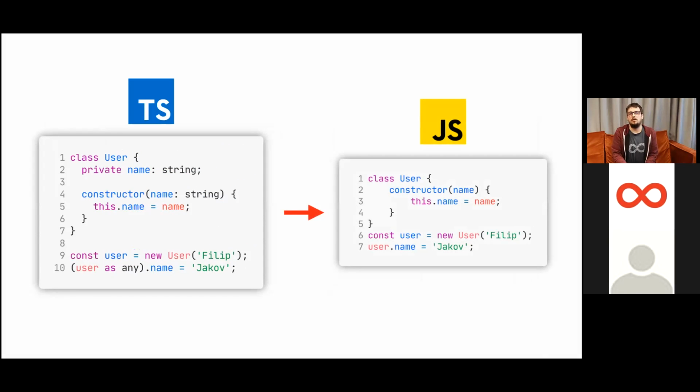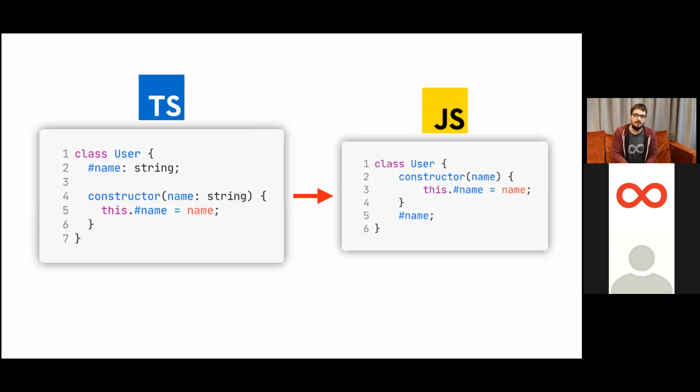It will compile and it will work, but this is kind of defeating the purpose of having a type system. So we usually have linting rules that show a warning or an error whenever we use type any. Because if you're using type any, you might as well not use TypeScript.